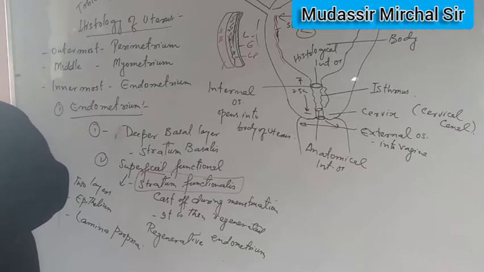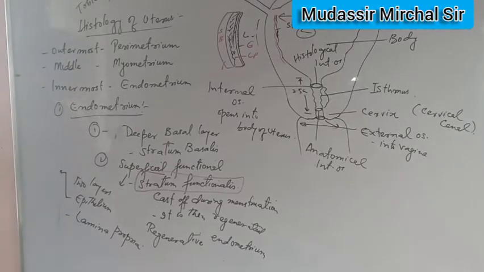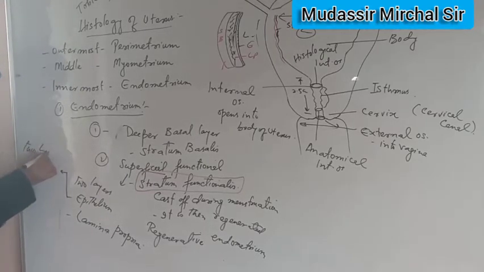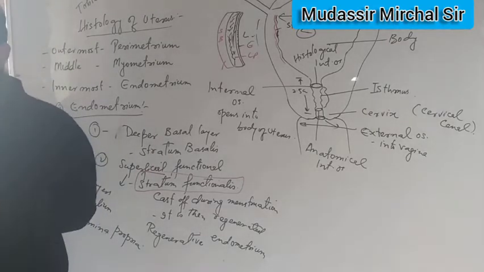This epithelium has two types of columnar cells: ciliated columnar cells and secretory columnar cells.